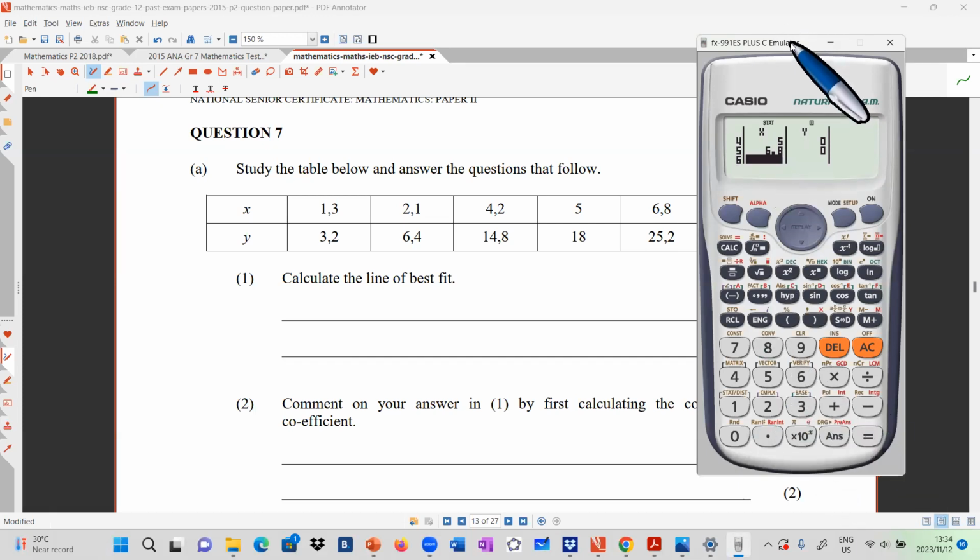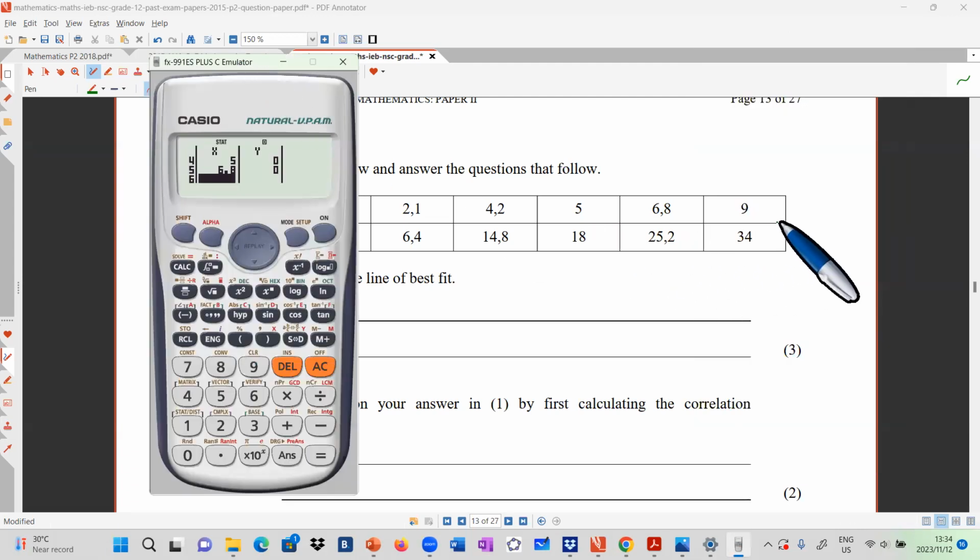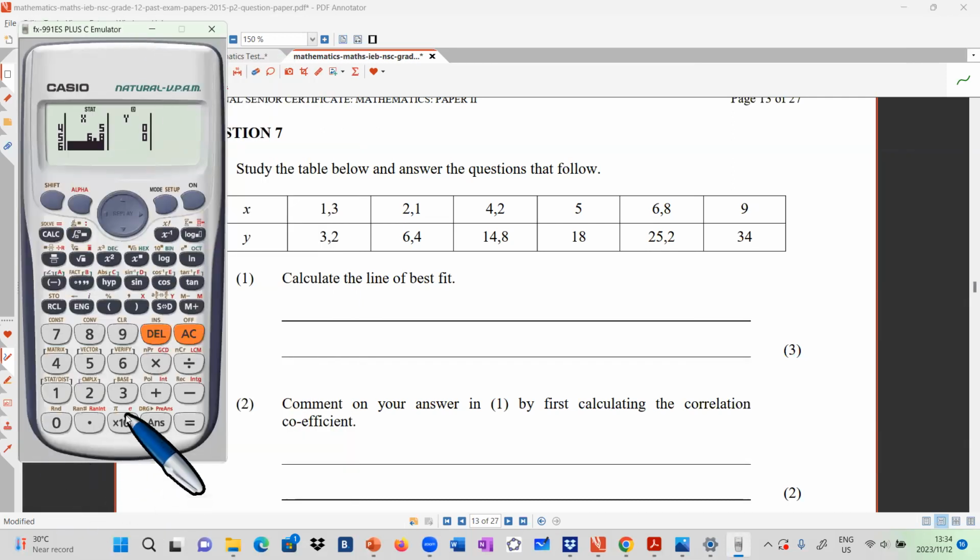Right, and after 6.8, it's 9. And then the next thing is just incorporate the y values.